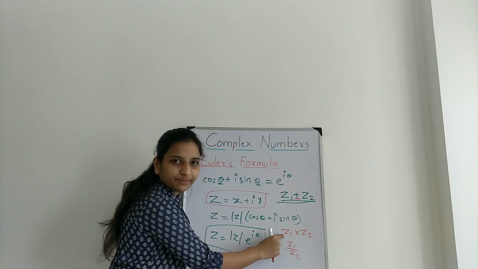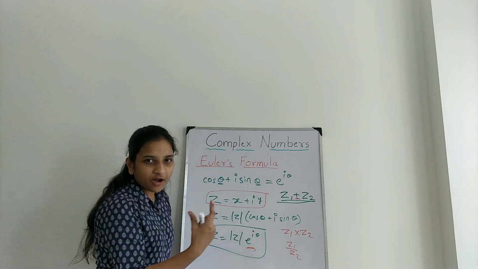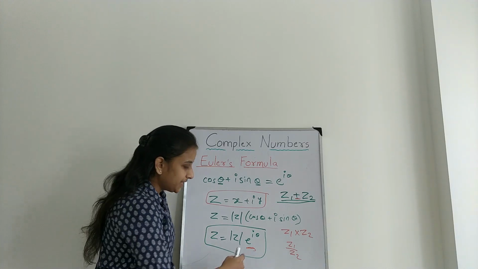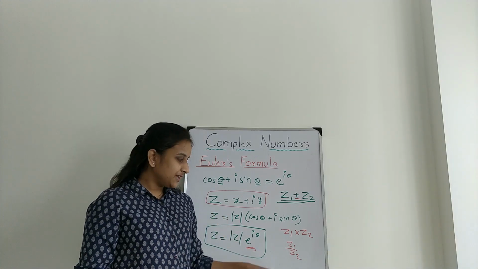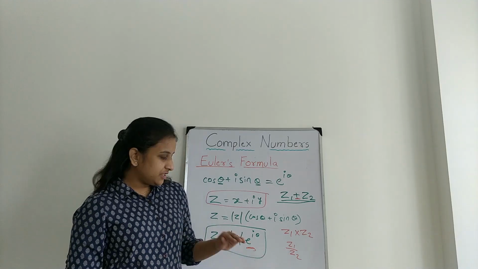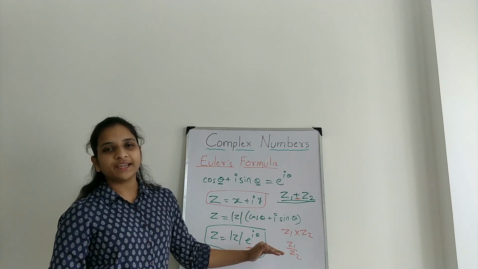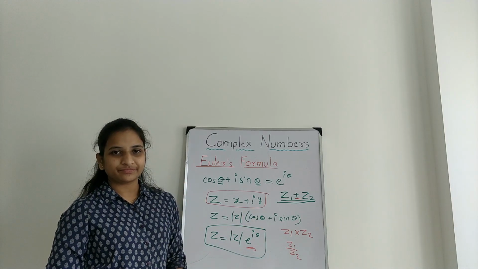When you multiply, this is the first term and again the Euler's form of the second complex number. Then in multiplication, the two powers can be added, or in division, the two powers you have to subtract. So this is useful for multiplication, division, even in the logarithm of a complex number.